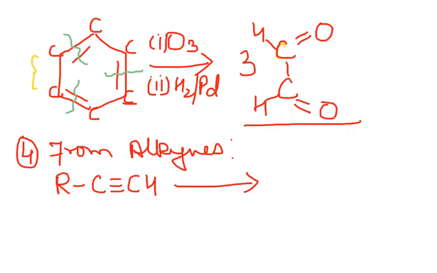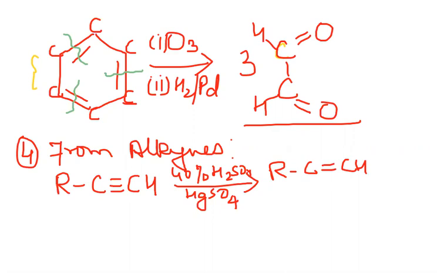I'm going to write 40% H2SO4 in the presence of HgSO4, that is mercuric sulfate. What I get here is R, C, with the double bond, and CH2, and an OH. If you look at it, this is just the enol that has been formed: the carbon with the double bond and a hydroxy group. So a kind of enol is formed.